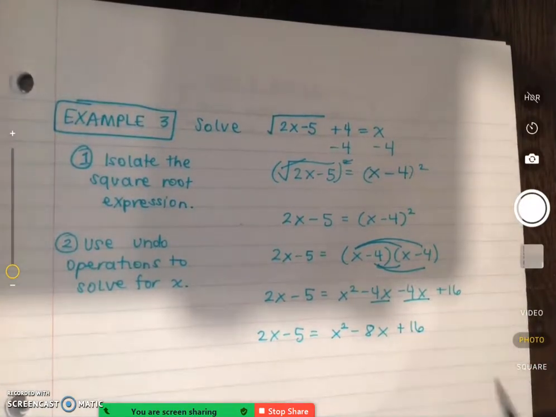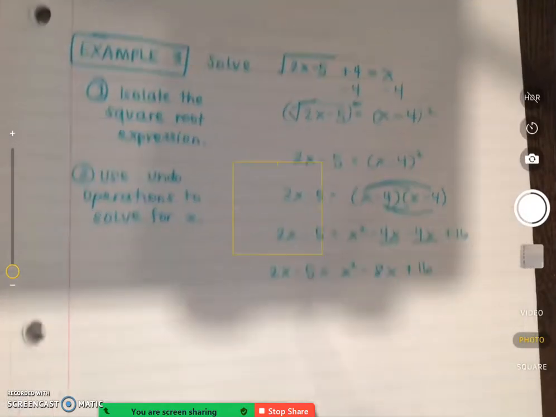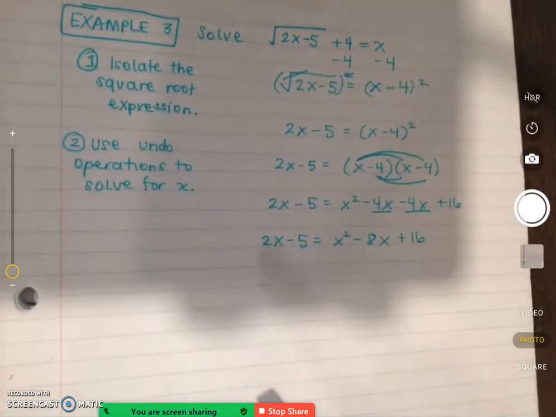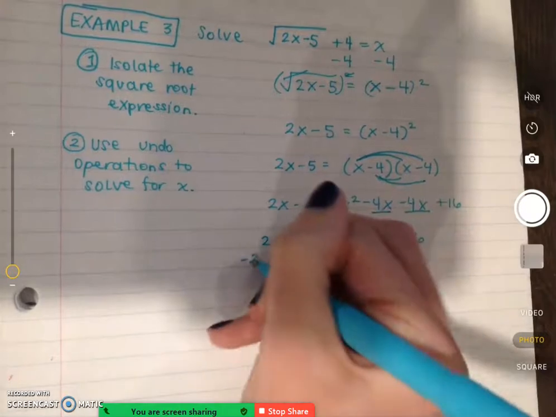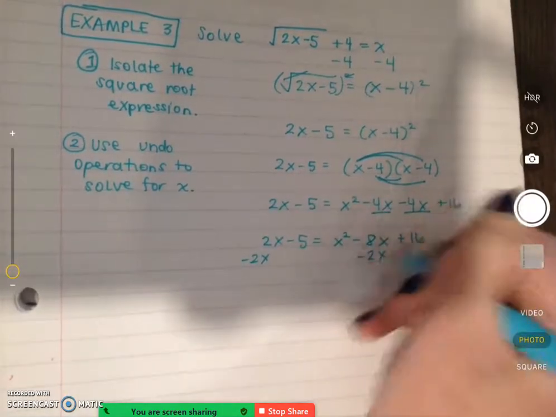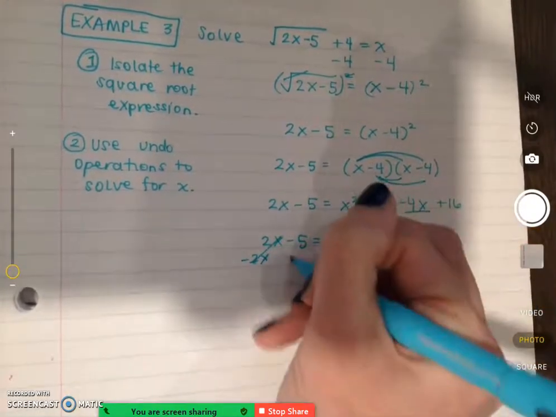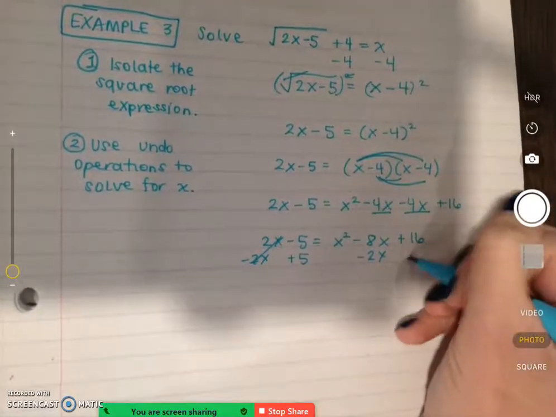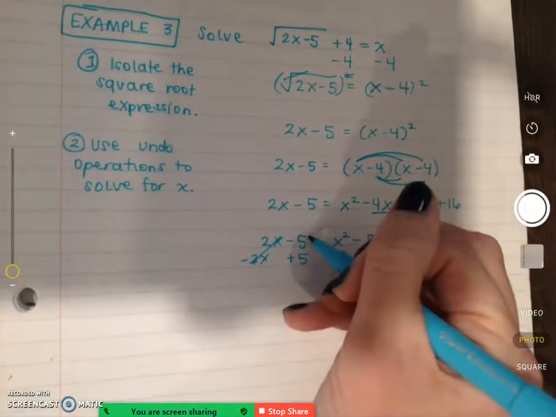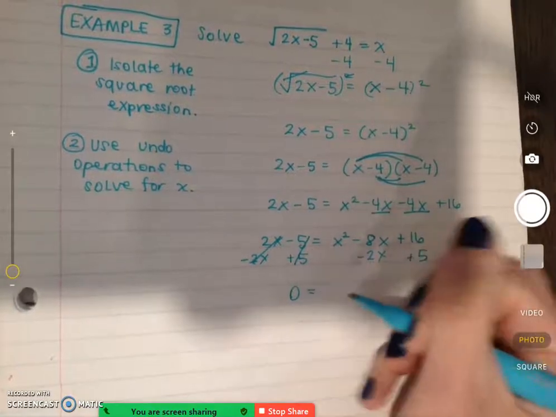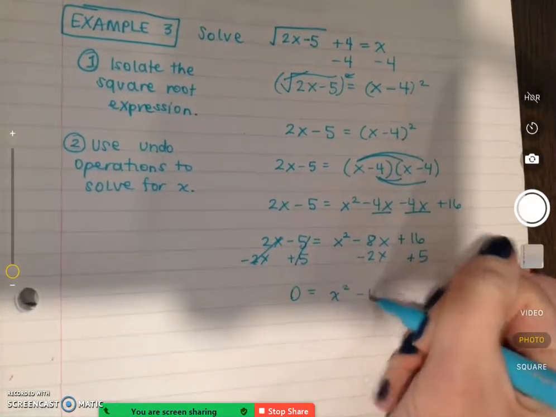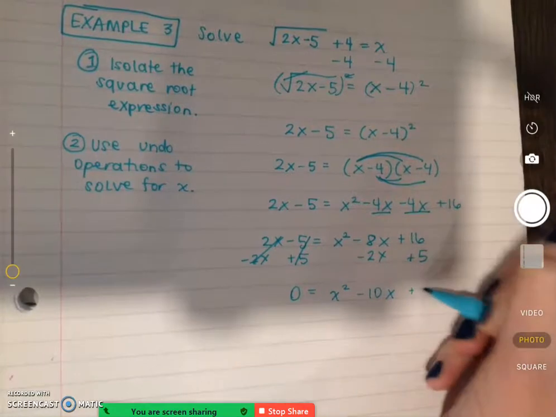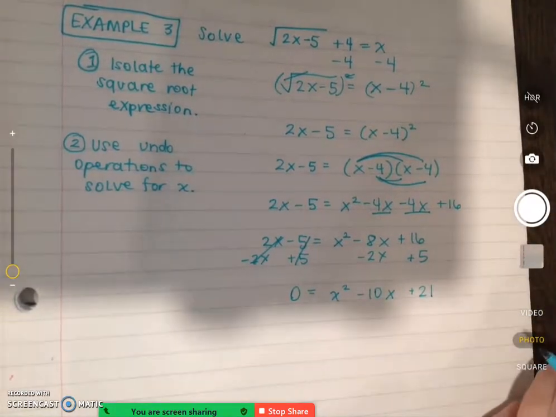And I have another quadratic equation here, so I'm going to set this equal to 0, turn it into standard form by subtracting 2x from both sides and adding 5 to both sides. I'm going to do both steps at once. So I have 0 equals x squared minus 10x plus 21.